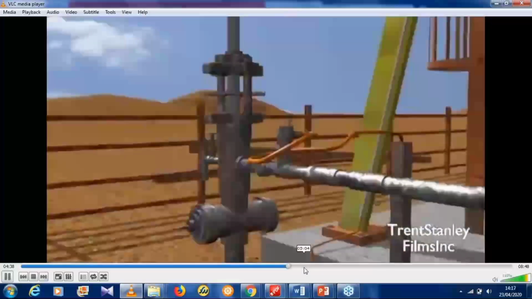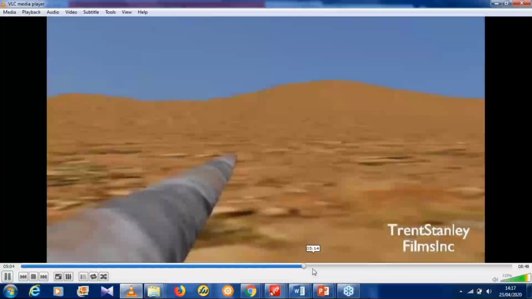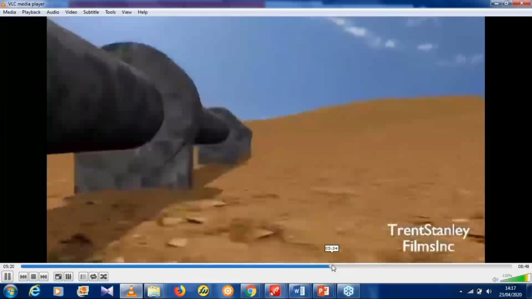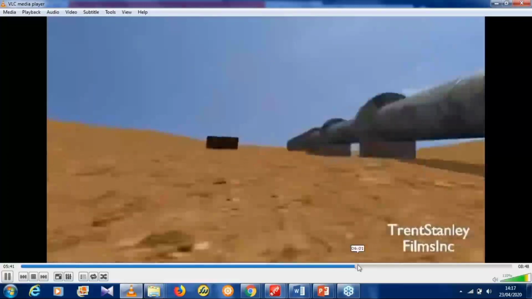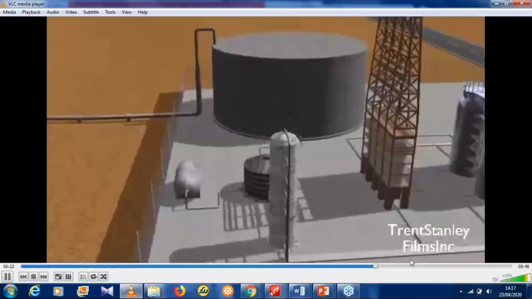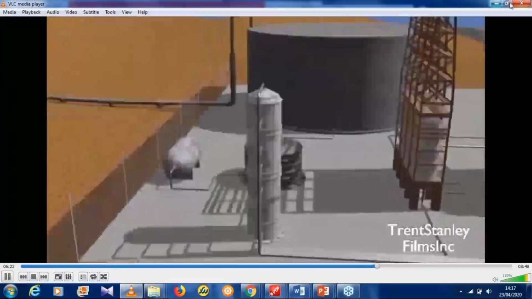And then we have a transmission line that takes this petroleum straight down to the temporary storage and then the refinery.